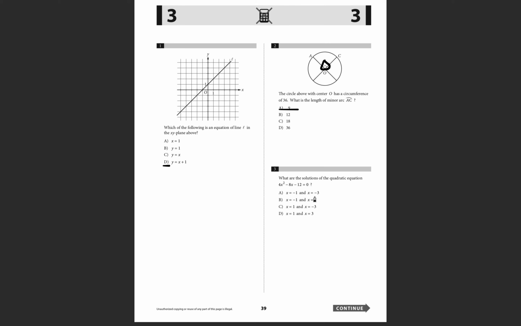Number 3, what are the solutions of this equation? An easier way to do this is just to plug in and check. If we plug in -1, this is 4 minus 8 times -1, which is 8 plus 8. And then -12, which doesn't give us 0.